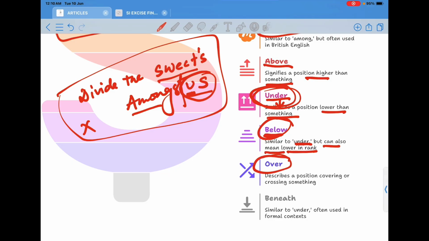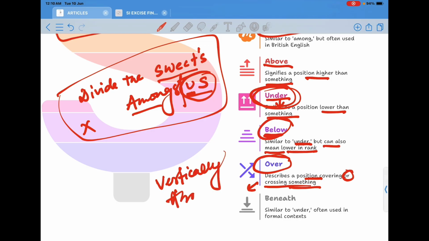Okay. Next, over. It describes a position covering or crossing something. It is used for vertically above. To remember this, use this vertical thing. Suppose you have a pen stand on your table. That time you can say your pen stand is over the table.